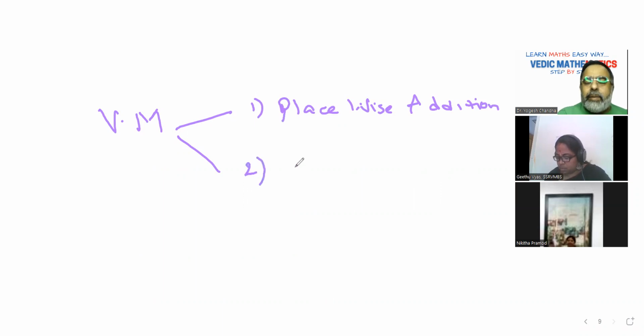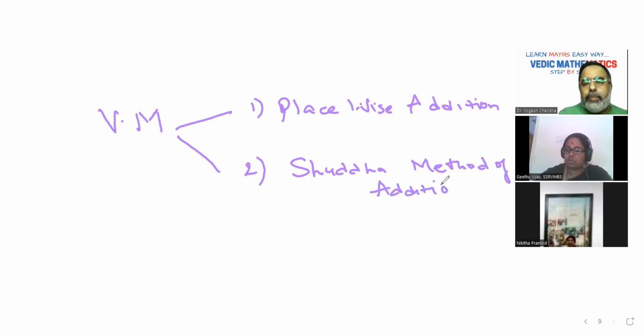Second is the Shuddha method of addition. Now, place-wise addition, as the name suggests, you might be clear that we have to add at the place values itself.